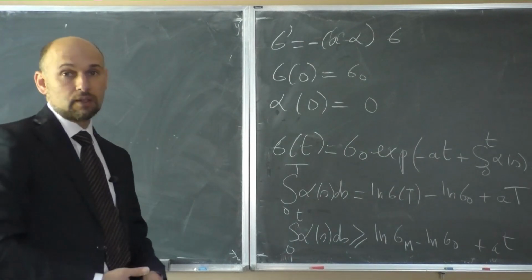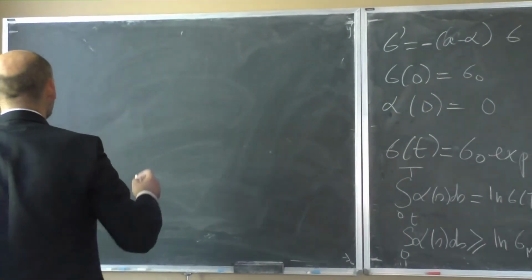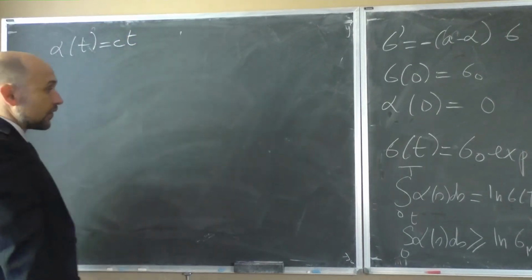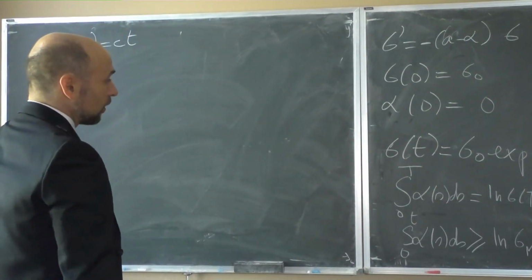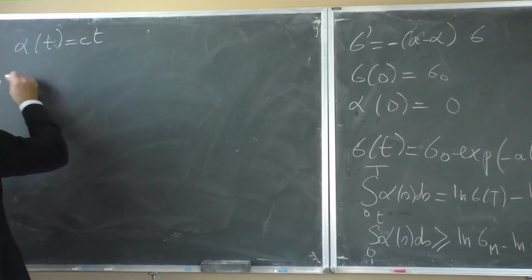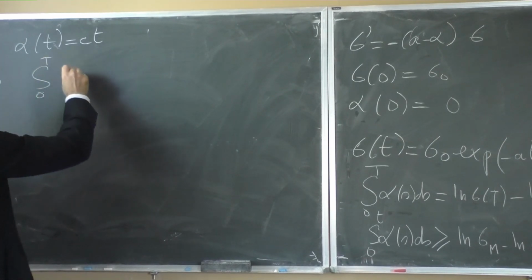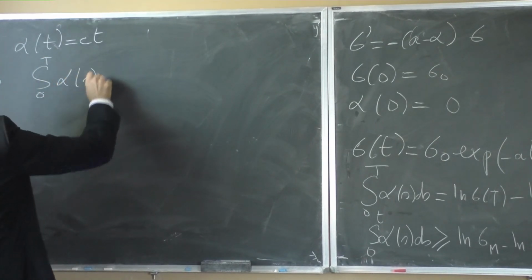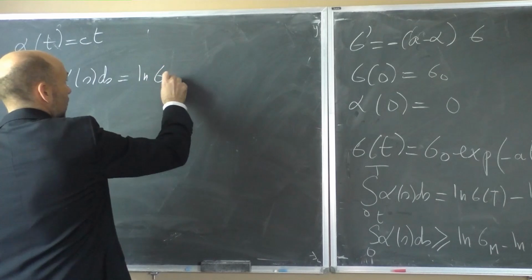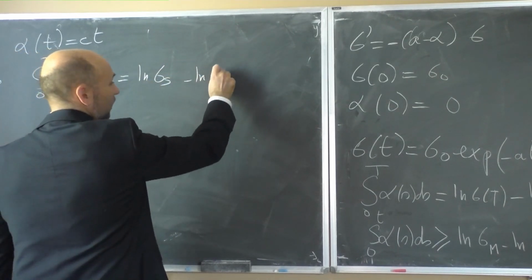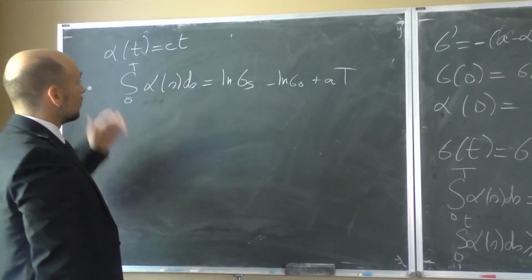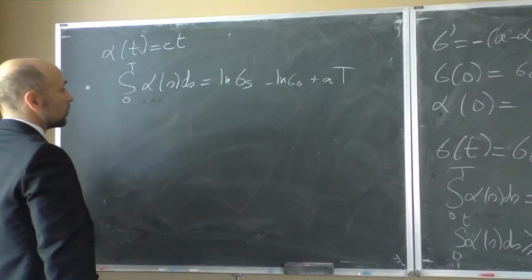So next I'm trying with alpha t equals c t, and then it's very simple computations. If I want that the integral between 0 and capital T of alpha s ds to be equal to the given quantity, I replace alpha of t by c t, and I get the expression in proposition 1.